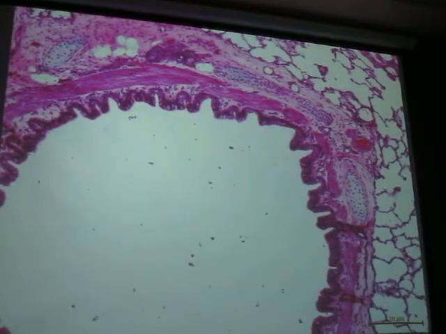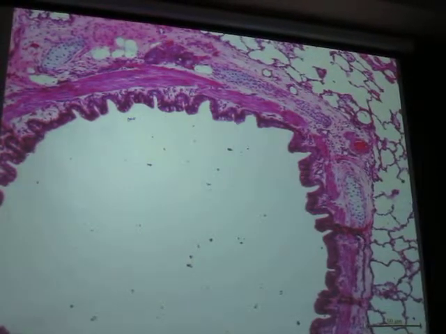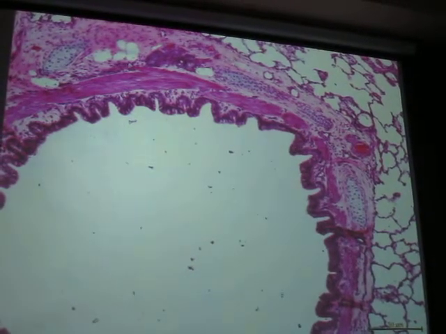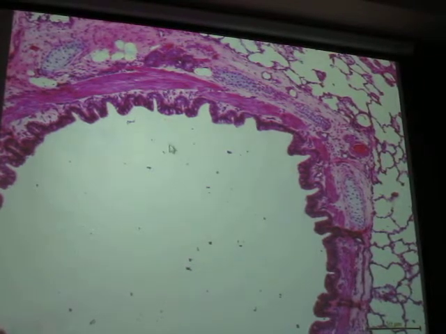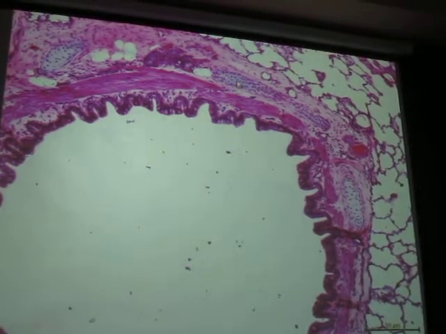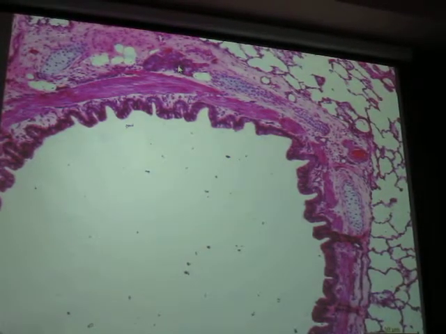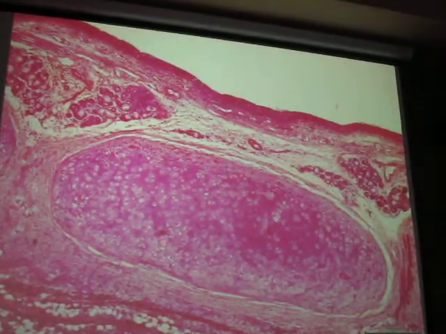Okay, identify bracketed structure, the whole structure. Bronchus. Okay, respiratory epithelium, smooth muscle, cartilage, glands. Okay, identify the whole organ.